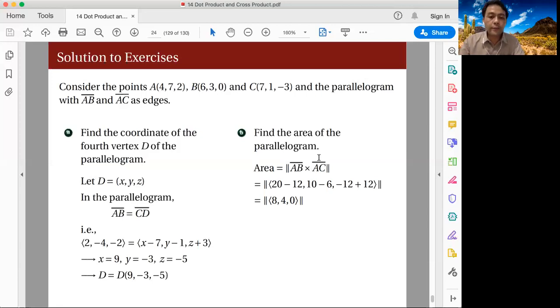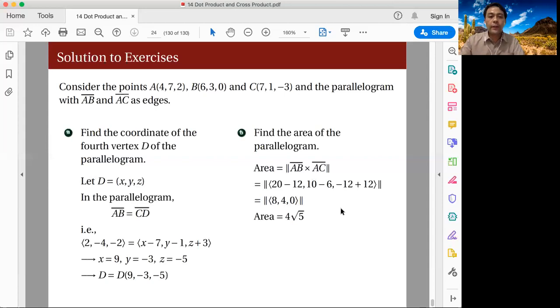So the vector AC is just 7 minus 4, that's a 3. 1 minus 7, that's a negative 6. And negative 3 minus 2, that's a negative 5. And then you get the cross product of that AB and AC. And what we get is this vector. You get the magnitude of that, and that becomes the area of the parallelogram with the two edges. Okay?